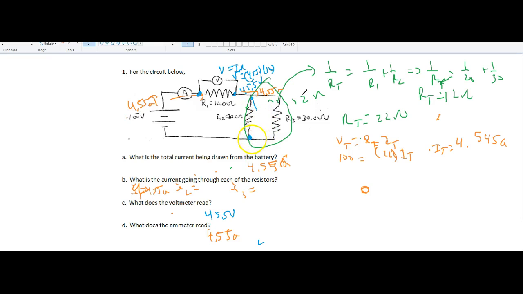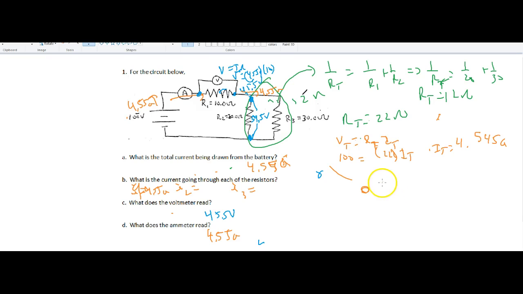How many volts do I have to use up getting from this point to this point over here? Well, I started with 100. I've used up 45.5. So there must be 54.5 volts left over.